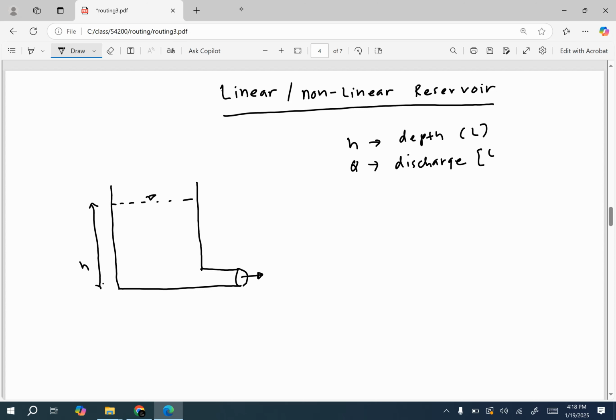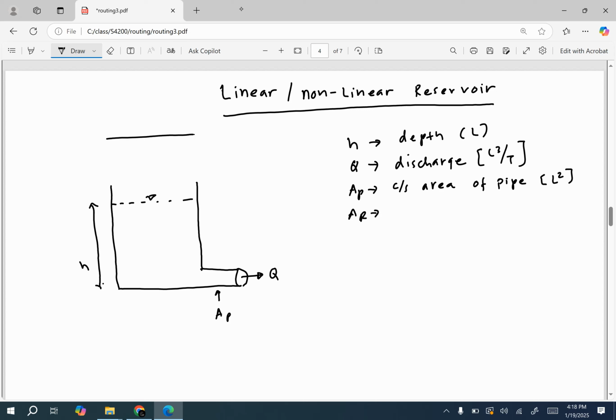Q has units of L cubed over T, and let's say the area of our pipe is AP, the cross-sectional area of the pipe, which is L squared. Let's say AR is the area of the reservoir.